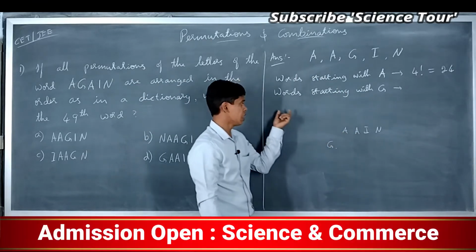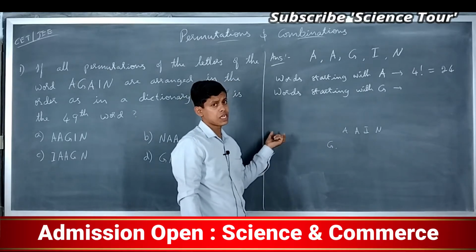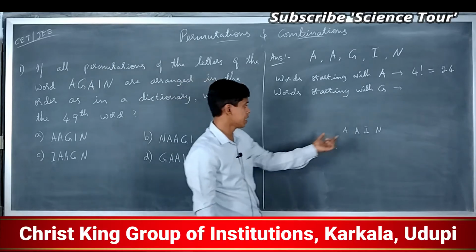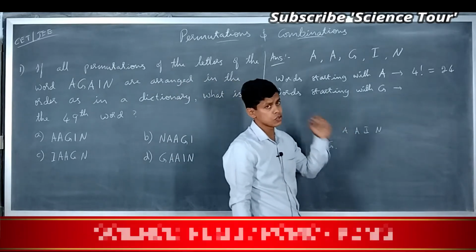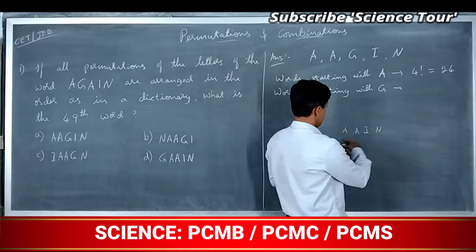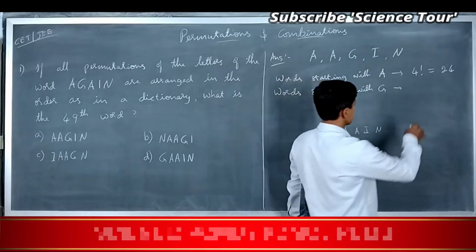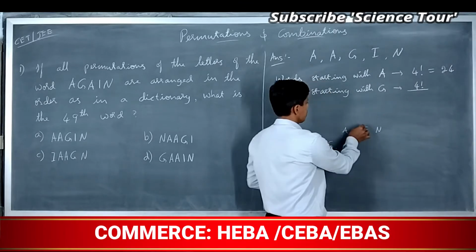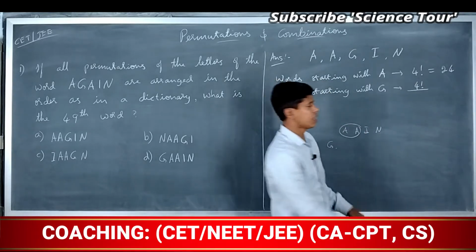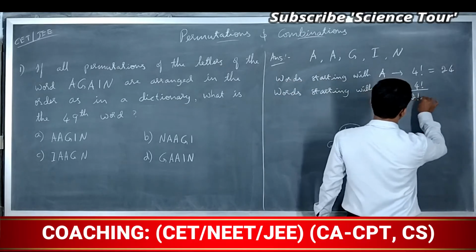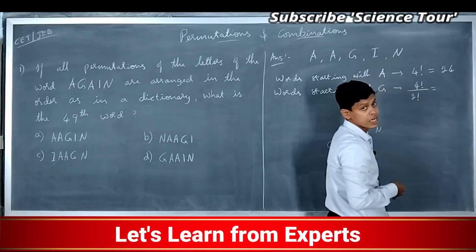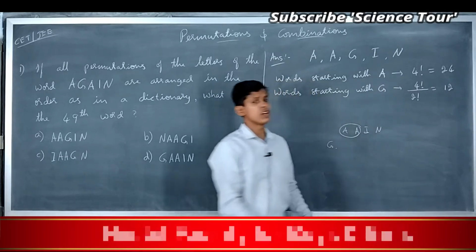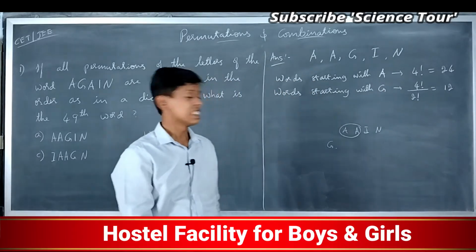So you have to use the formula n P r divided by p1 factorial, p2 factorial, and so on up to pk factorial, for repeated objects. Totally 4 have to be arranged, so that is 4 factorial divided by 2 factorial, since 2 letters are repeated. 4 factorial is 24, divided by 2, that is 12. So there are 12 words starting with G.